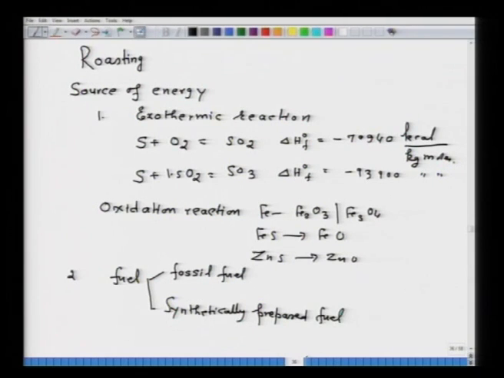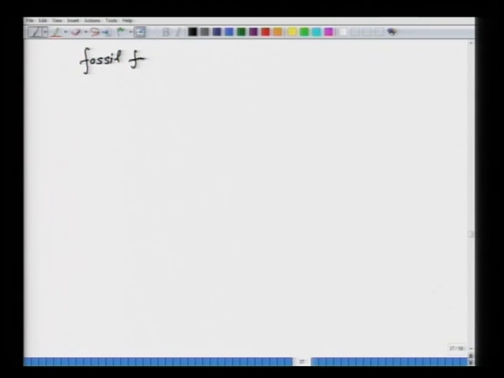Under fossil fuel, one can use coal, oil or natural gas.